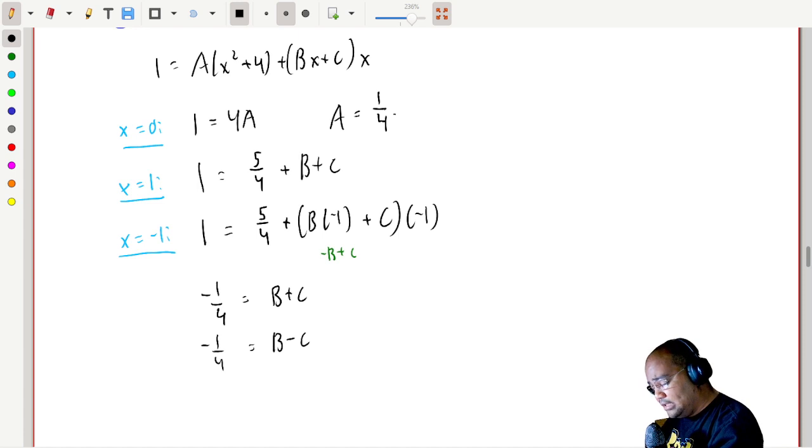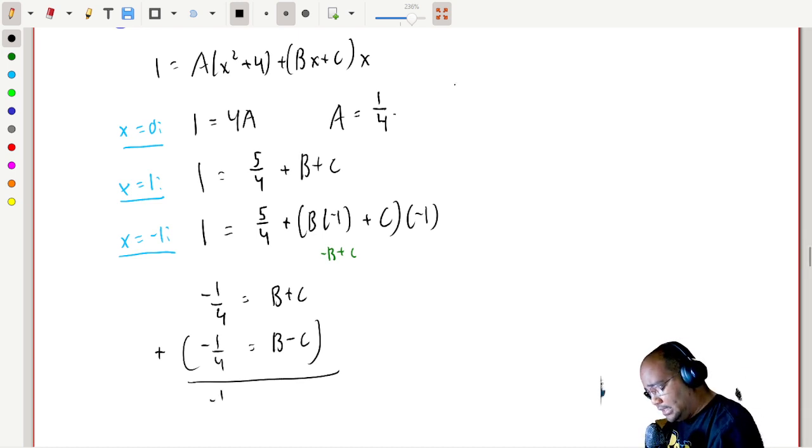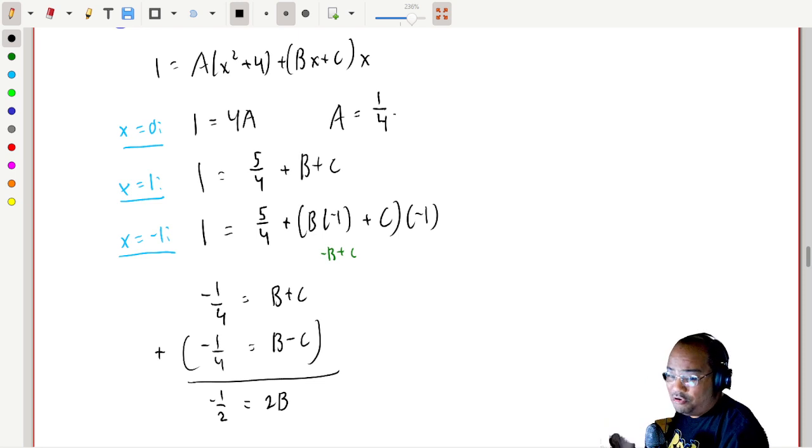So take a look at what happens if I add these two equations. Well, negative 1/4 plus negative 1/4, that's a negative 1/2, equals b plus b is 2b, and then c minus c is 0. So what do we get here?